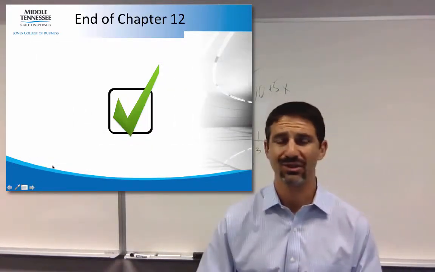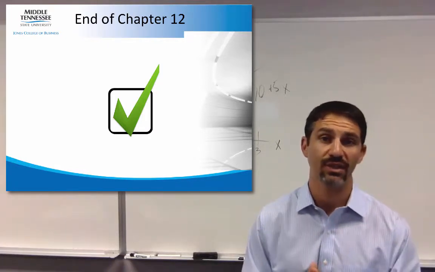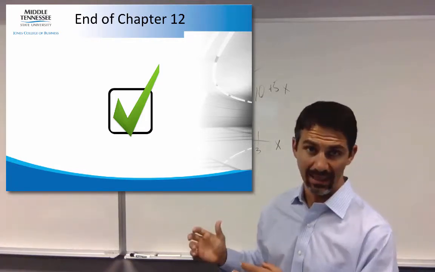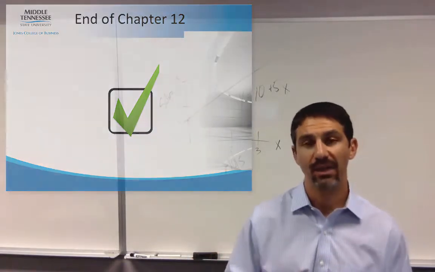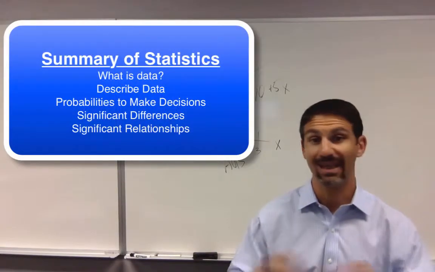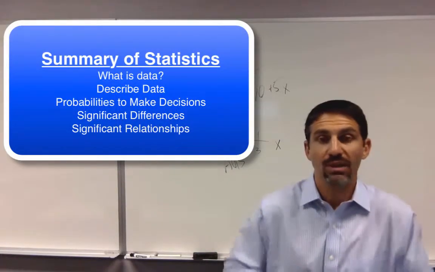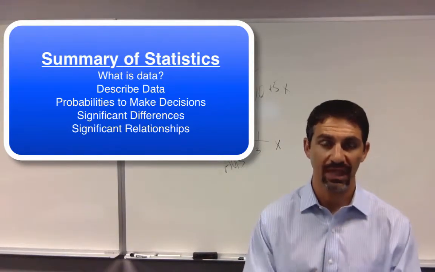So that's just a brief introduction to regression. There's so much to it, but the most important thing we want you to understand before you get into analytics is that data has a relationship. It's why we're looking at data. We're either looking at data like we did in the previous chapters and looking at significant differences, or just trying to describe it. And in this last chapter, we're looking at significant relationships.